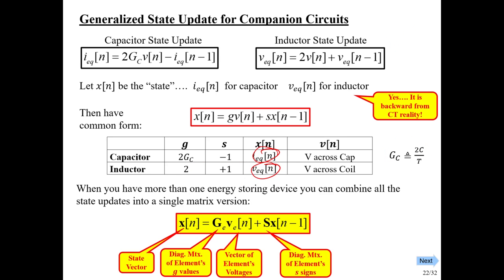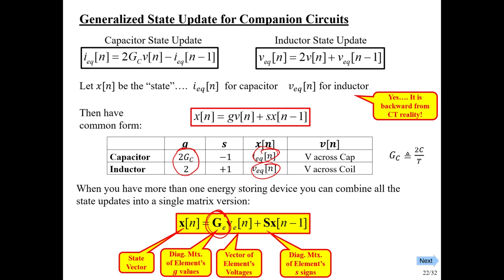So now I'm going to need subscripts, IEQ1, IEQ2, VEQ1, VEQ2, and so on. I can stack them in any order that I want. And then this G sub E is going to be a diagonal matrix.